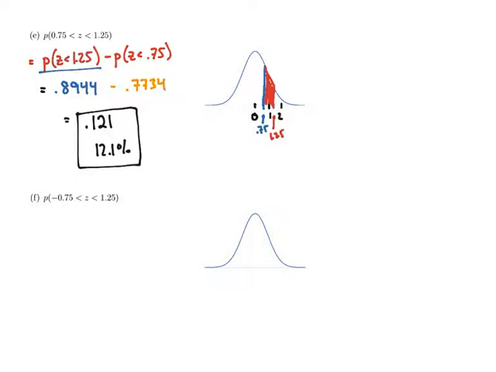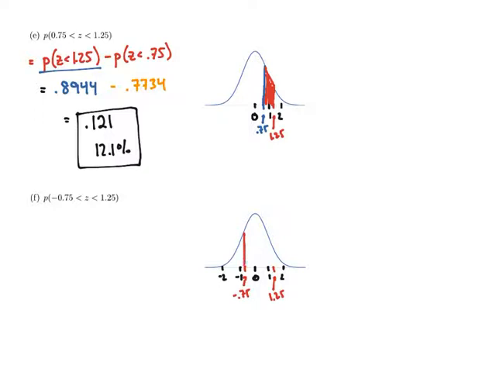All right, one more like this. We have 0, 1, 2, -1, -2. Here's 1.25. Here's -0.75.